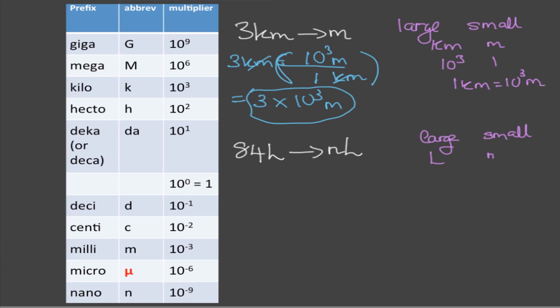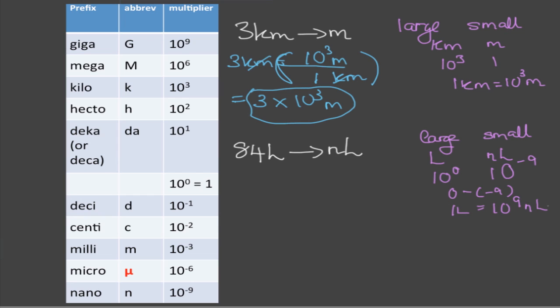And we see that 1 litre, 10 to the power of 0, and nano, 10 to the negative 9. So therefore, 1 litre is going to be 10 to the 9 nanoliters. Now you can just read that straight off the table, but I'm just going through the steps here.